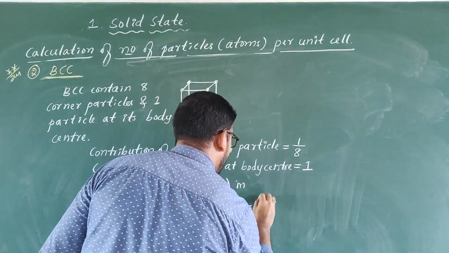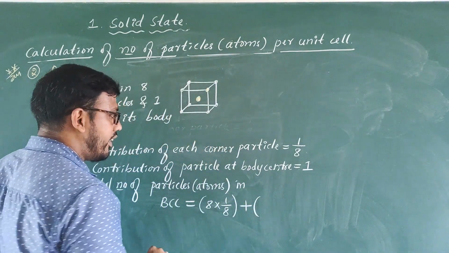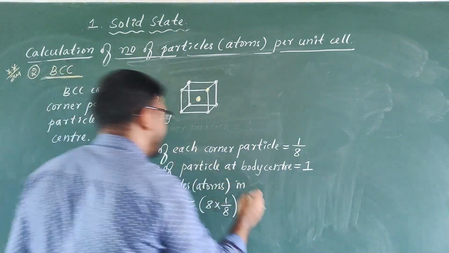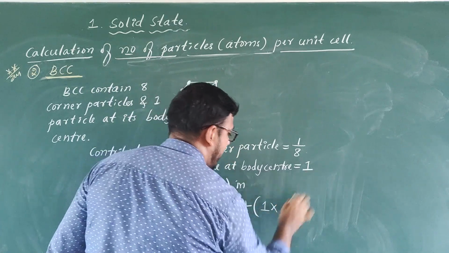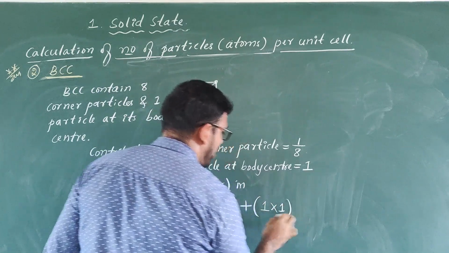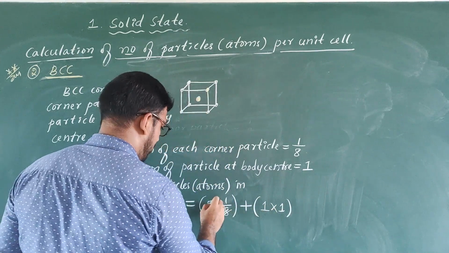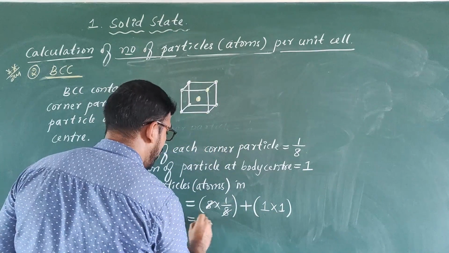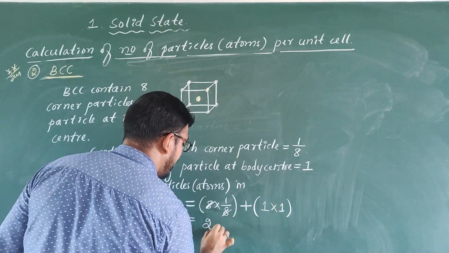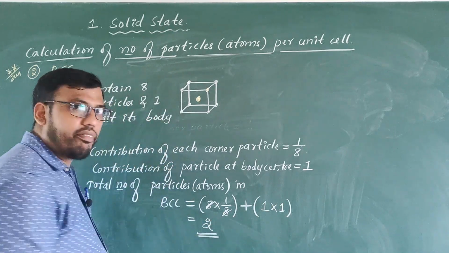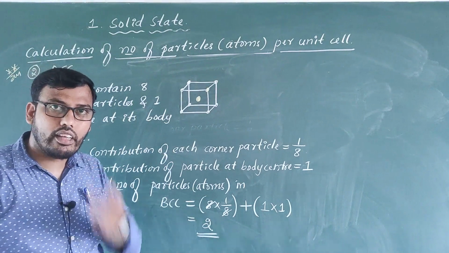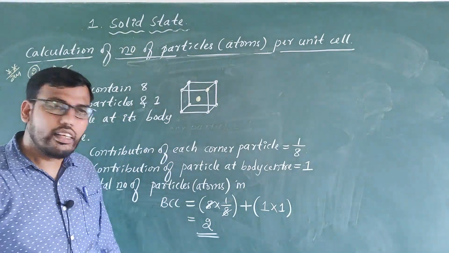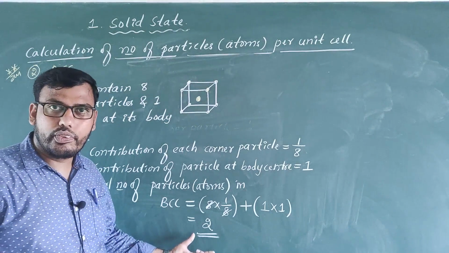Plus, because one more type of particle is there, one body center particle. So 1, what is its contribution? It is also 1. So 1 into 1 is 1. 8 times 1/8 is 1. So 1 plus 1 is 2. So the total number of particles in BCC is equal to 2.